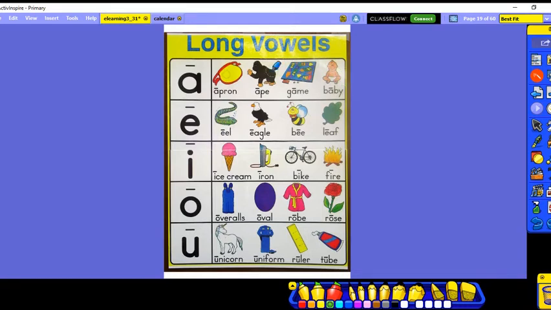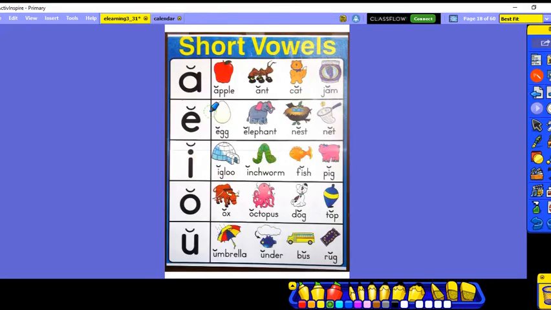Long vowels say their name. Sometimes we'll see a magic E at the end to make the vowel say its name. And we have a book to read with a lot of long vowels in a minute. And I also put that one on your Reading A to Z so you can read it. But long vowels say their name. Short vowels are different. That's the first ones that we turned over.